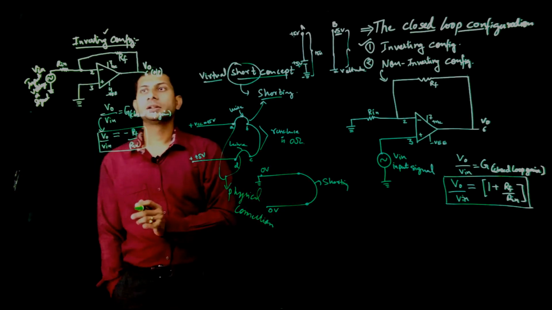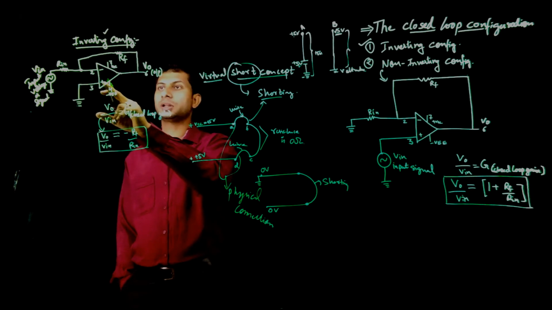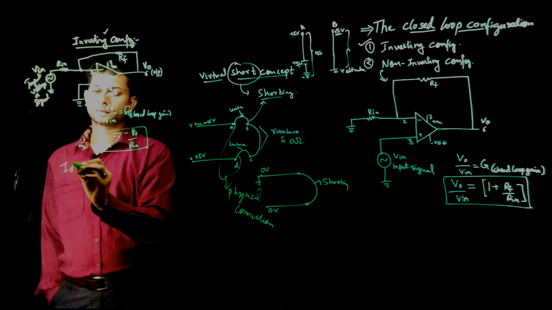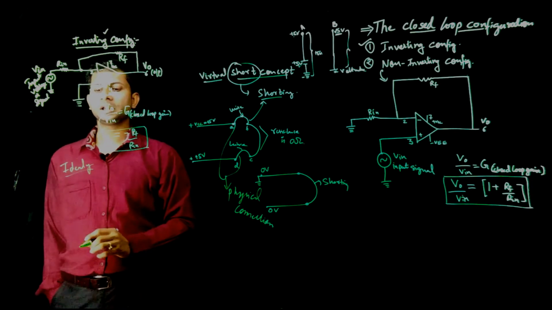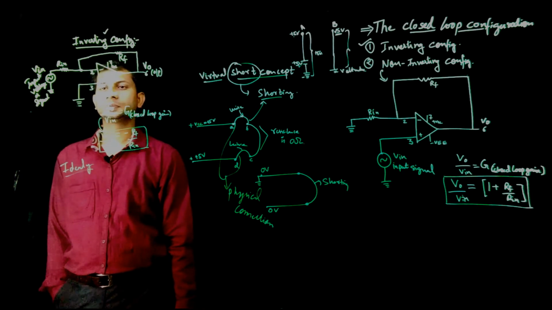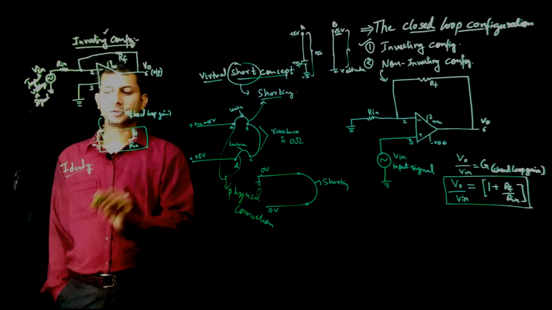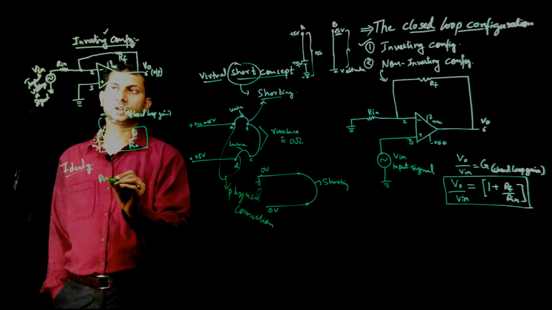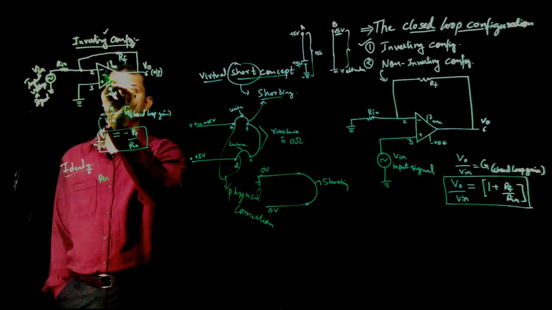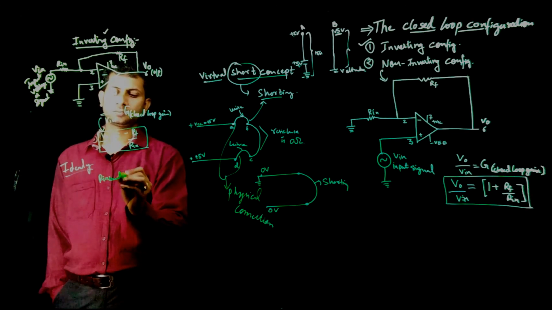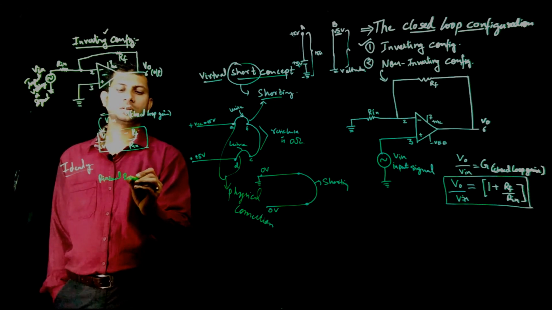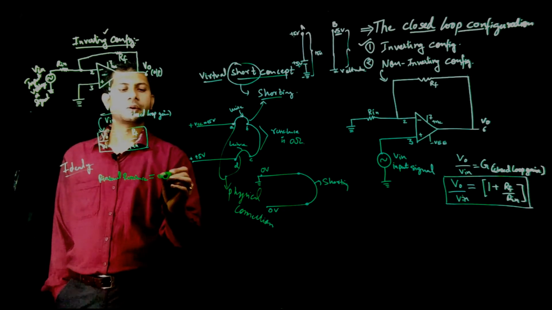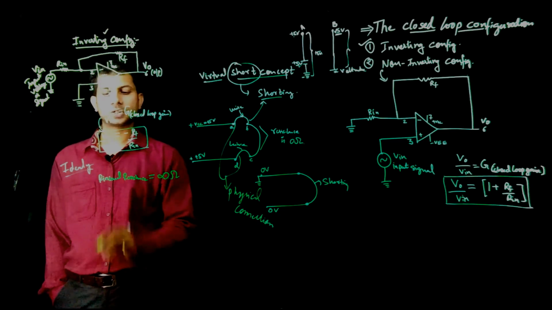Now, explaining the virtual short concept with respect to the operational amplifier. Ideally, we assume that this operational amplifier has infinite internal resistance. That is the first assumption.